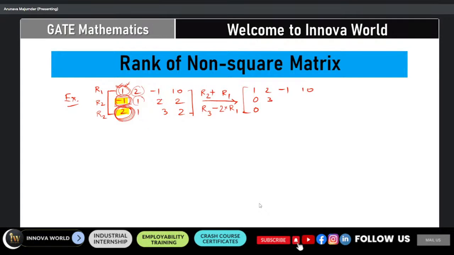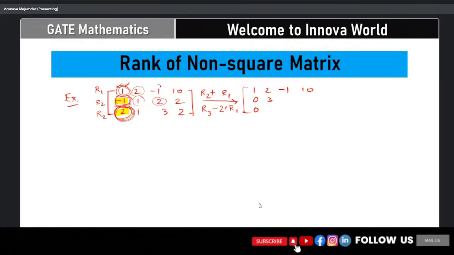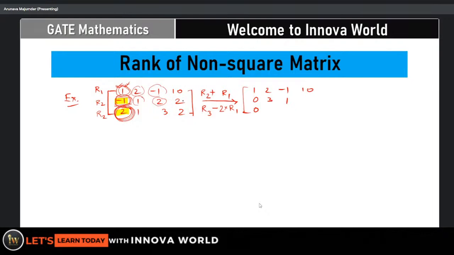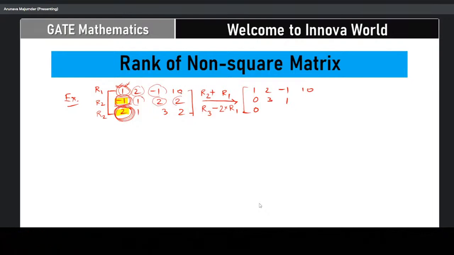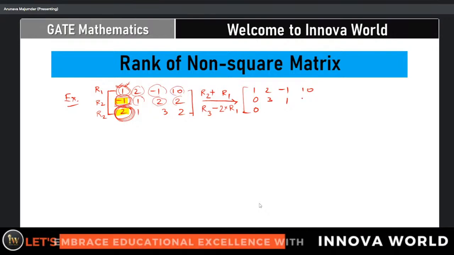What is the third element of row 2? It is 2, and the third element of row 1 is minus 1. So 2 minus 1, 1. And the last elements: 2 plus 10, 12.